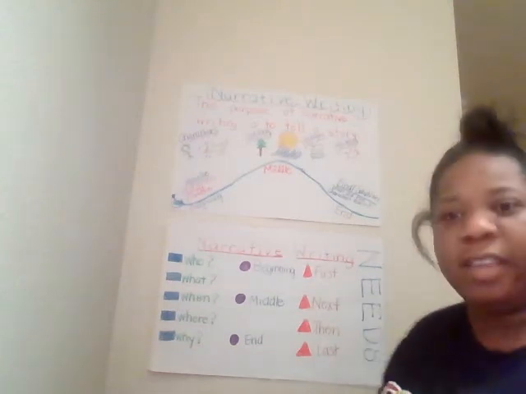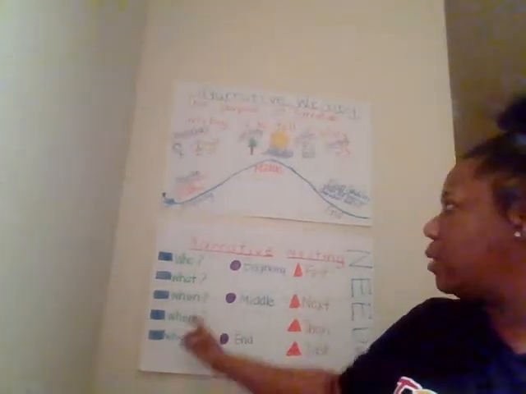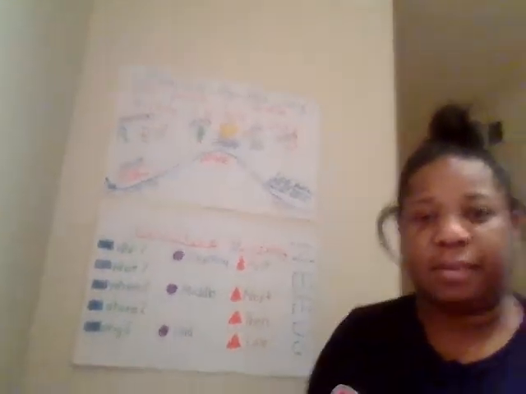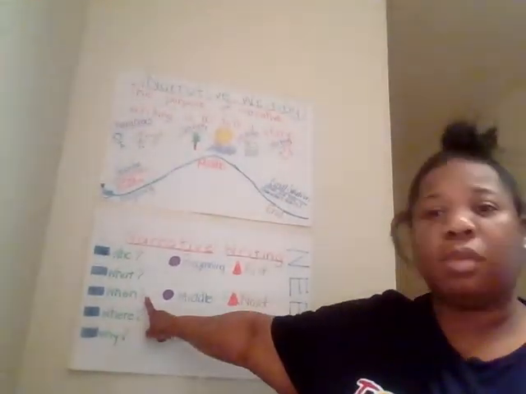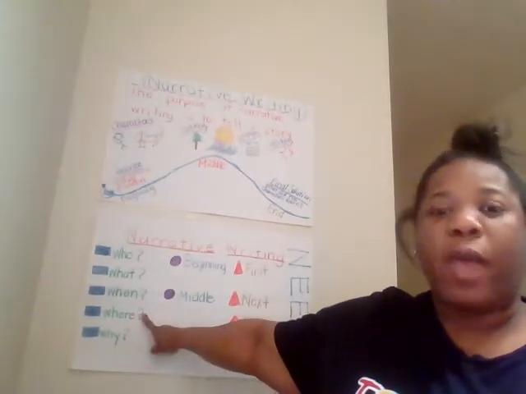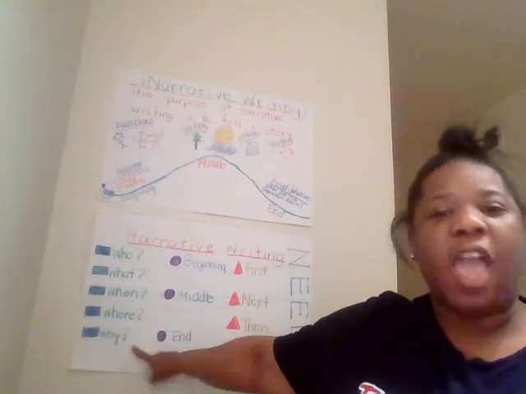So let's go over those. When you're reading a story, you ask who. Who is the main character? And then you want to know what they did. You also want to know, when did it happen? Where did it happen? And why did it happen?